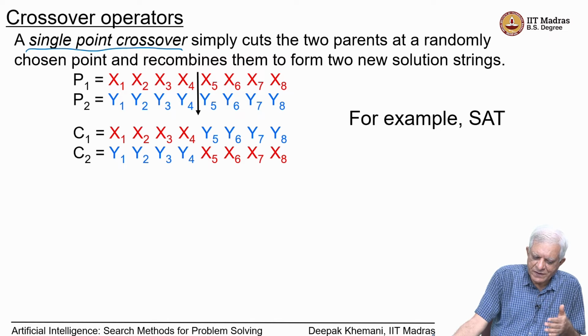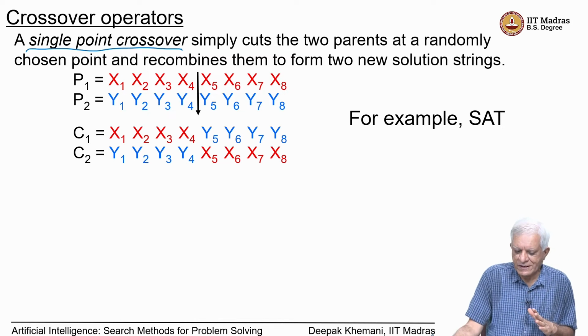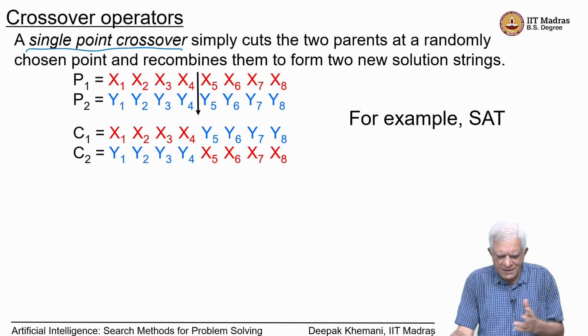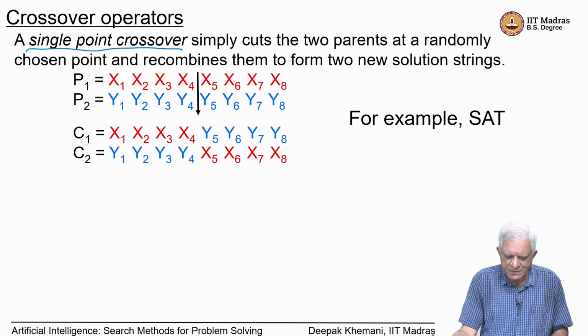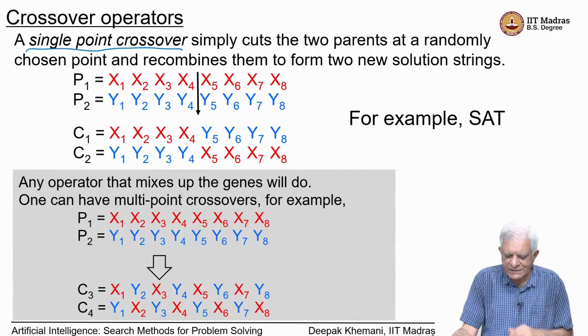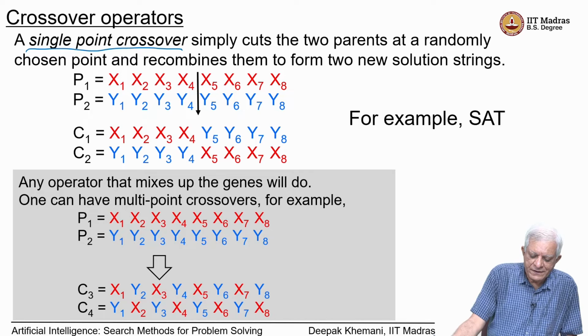So, 2 parents P1 and P2 give us 2 children C1 and C2, and this process is done randomly. We select the 2 parents randomly, we select the crossover point also randomly. Just imagine if this was a SAT problem of 8 variables, you would produce 2 children, and we will see examples as we go along.